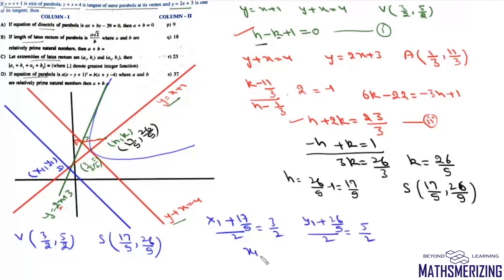So we get x1 as 10 by 9 and y1 as 19 by 9. So the base of the directrix is (10/9, 19/9). Now we can start solving this question.